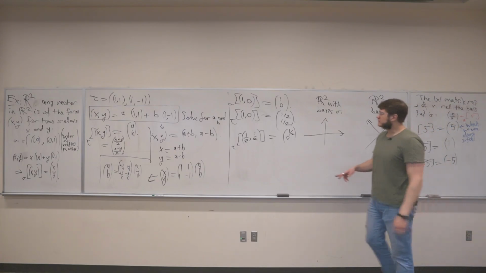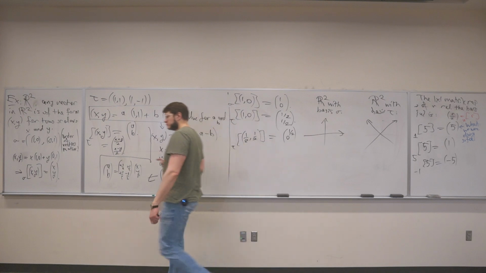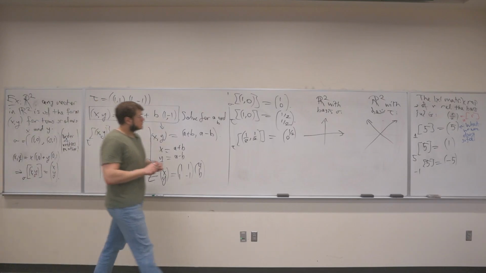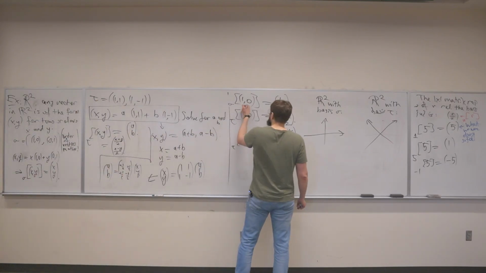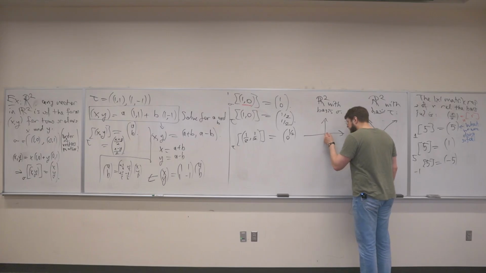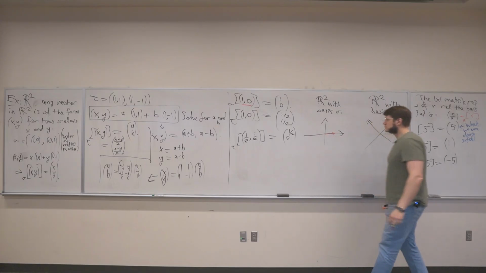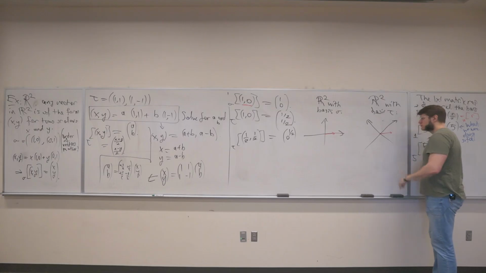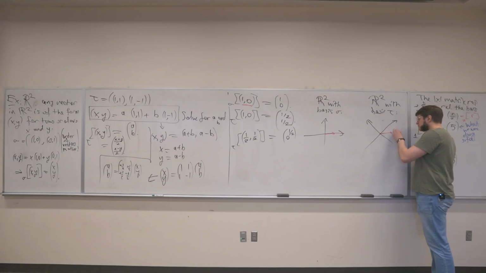So that, for instance, if you were to look at 1, 0, okay, 1, 0 is here, and it's also here. So 1, 0.